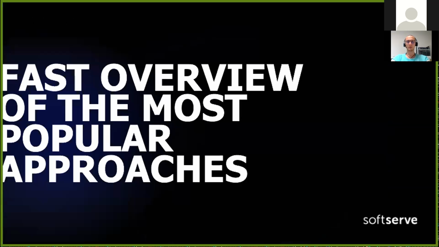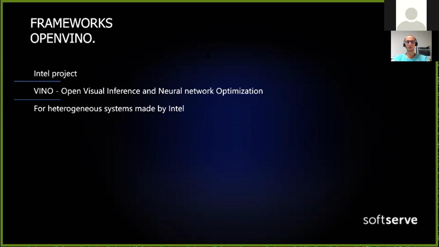Now let's speak about the most popular approaches to convolution. We will start with different frameworks. There are a lot of frameworks to deploy our models on FPGAs. OpenVINO. OpenVINO is an Intel project. VINO stands for Visual Inference and Neural Network Optimization.